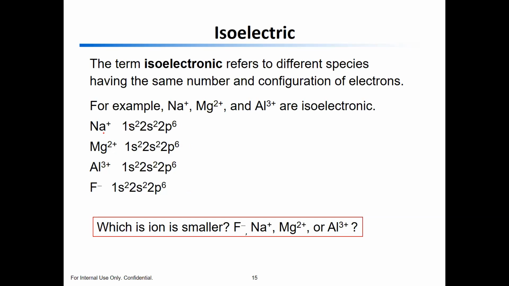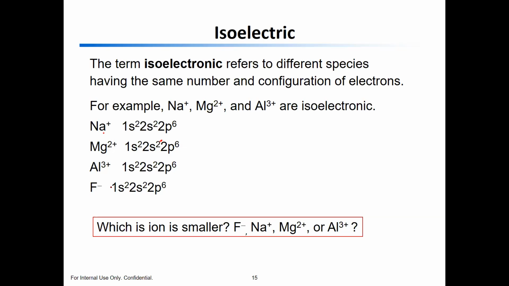So here, sodium plus, noble gas configuration. Magnesium 2 plus, noble gas configuration. Aluminum 3 plus, noble gas configuration. Fluorine minus, noble gas configuration, right? So all these atoms are on level 2, same configuration.